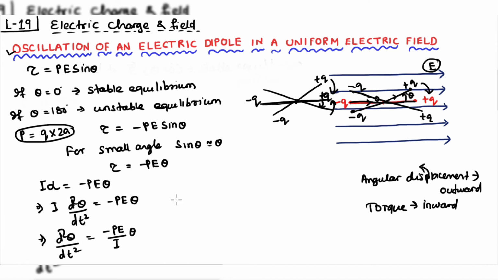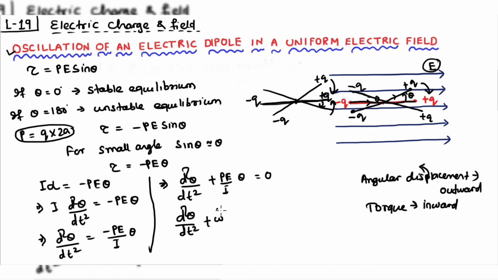Is that clear? That implies d square theta by dt square plus pE by I into theta is equal to 0. This equation resembles the differential equation of angular SHM. We know that the differential equation of angular SHM is d square theta by dt square plus omega square theta is equal to 0.